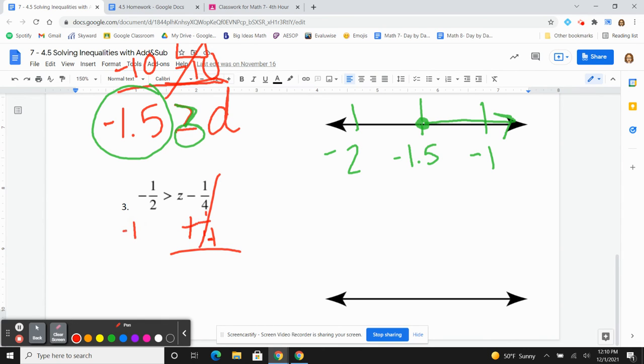To both sides. Tori, what is negative 1/2 plus 1/4? Negative 1/4. Good. So negative 1/4 is greater than z.